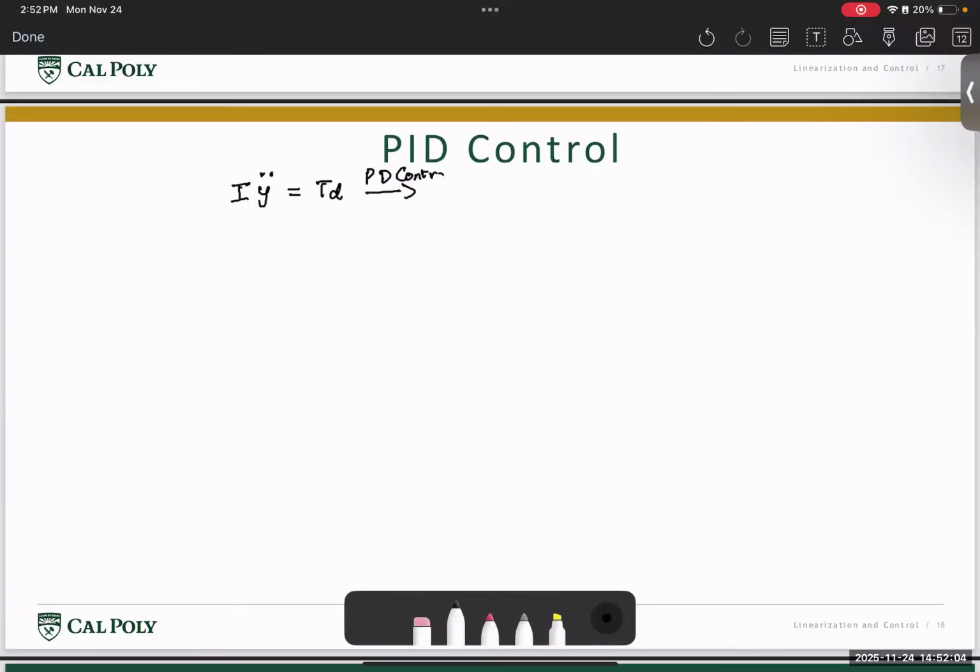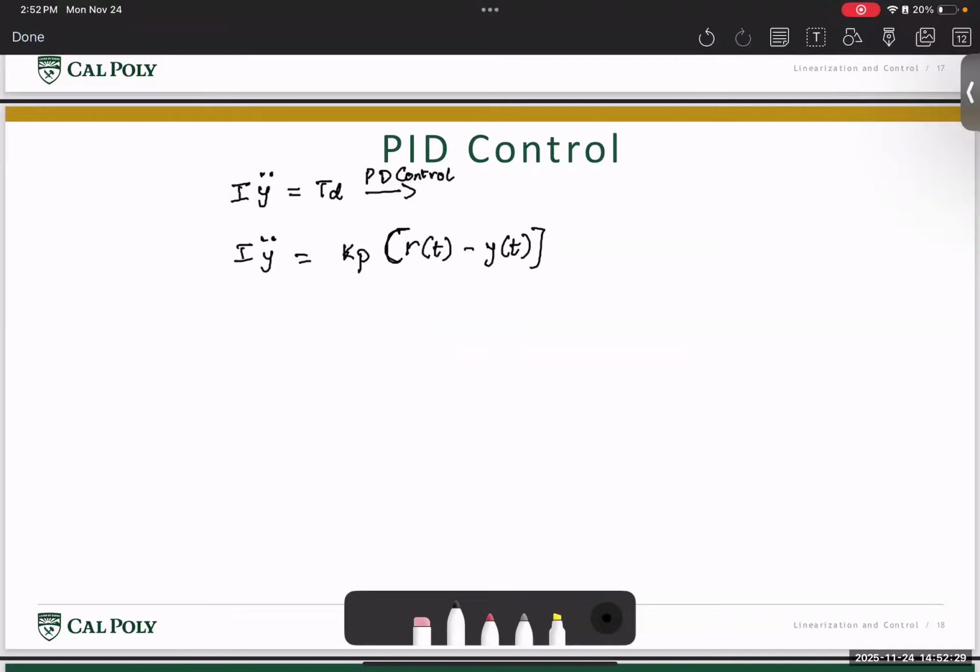Then in such a case, the output of the system, I y double dot, is given by some amount of Kp times the error. Error here is basically how the reference signal R changes with time minus what the output of the signal is at that time value. So we have Kp times R minus Y.